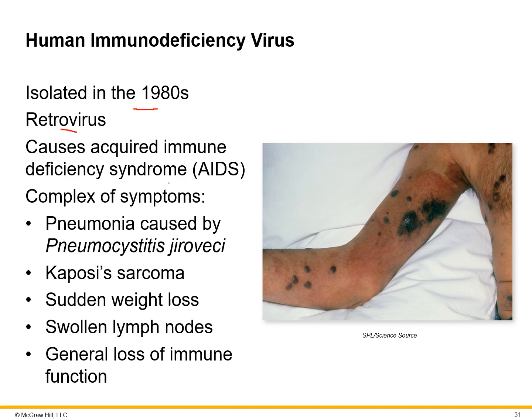This, of course, causes AIDS, acquired immune deficiency syndrome, lots of different symptoms that are seen. So pneumonia is very common, caused by Pneumocystis jirovecii. So we mentioned this one earlier. Kaposi sarcoma, sudden weight loss, swollen lymph nodes, and just a loss of the immune function.